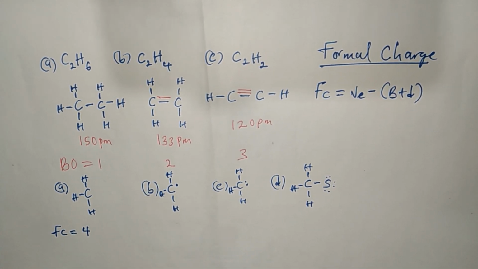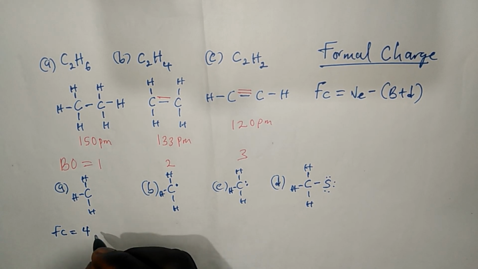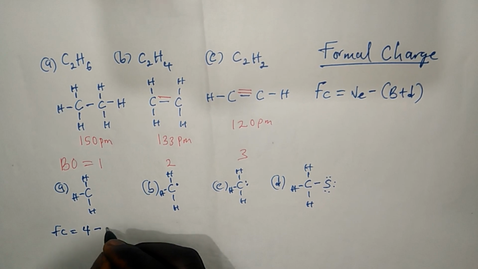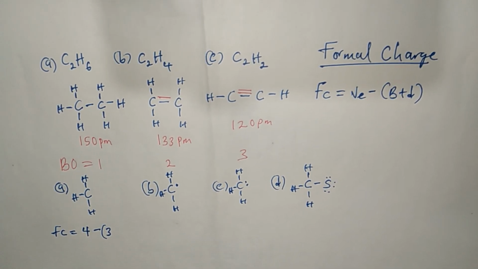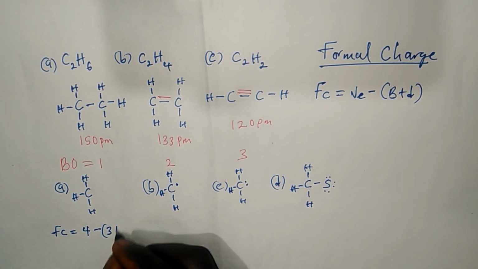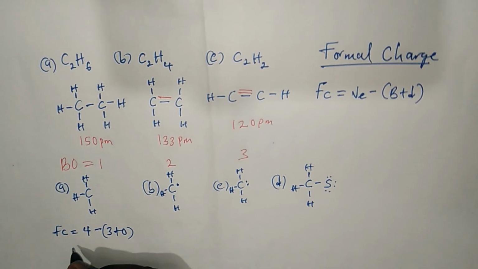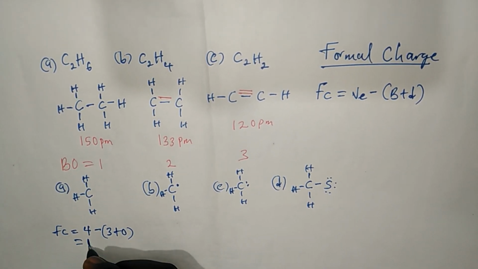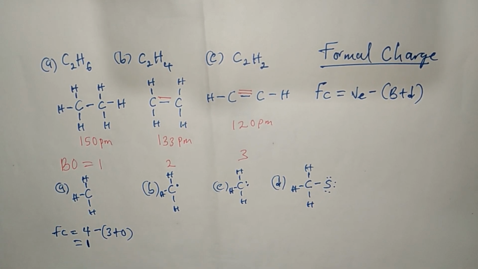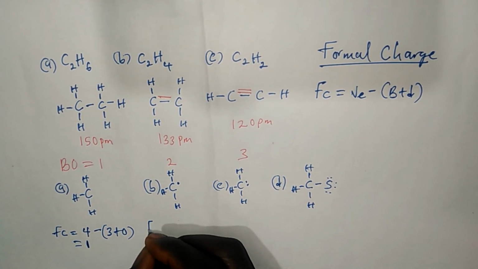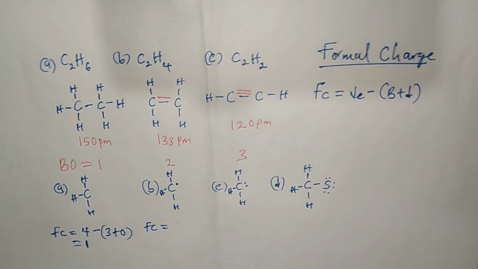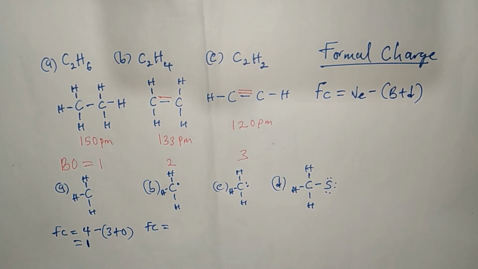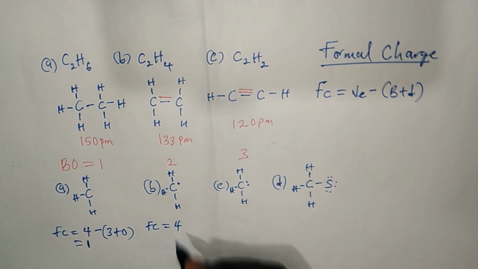And carbon in A has 3 bonds, therefore you put 3. And carbon doesn't have a dot, so it's plus 0. So the formal charge is equal to what? Plus 1.